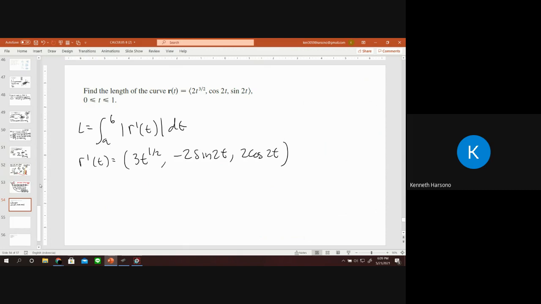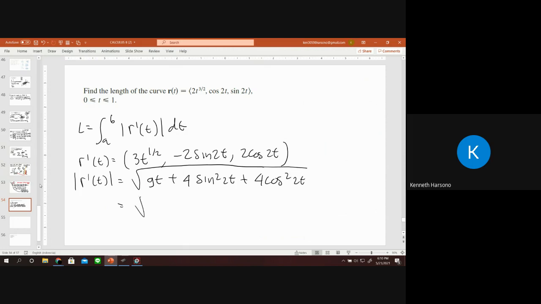And we can find the magnitude here. The square root of 9t squared, plus 4 sin squared 2t, plus 4 cos squared 2t here.